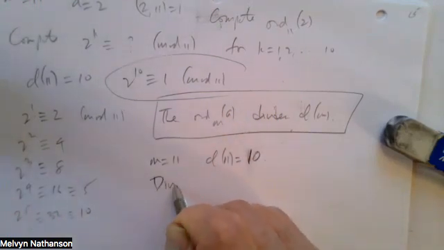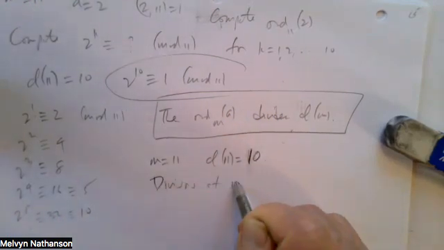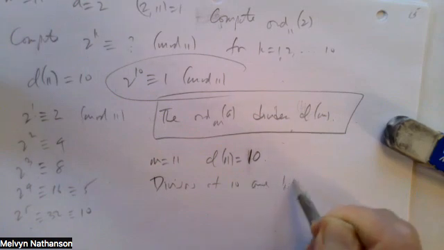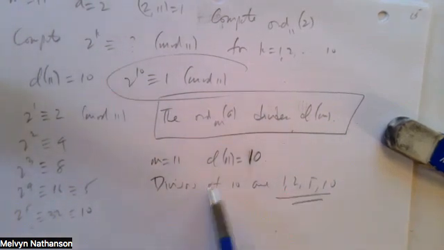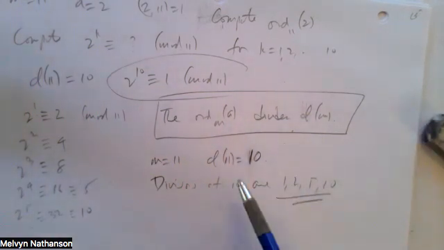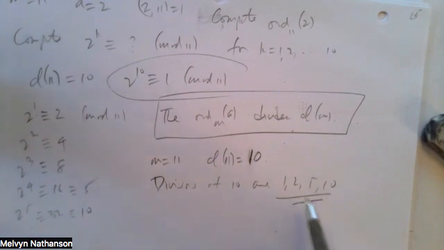What are the divisors of 10? 1, 2, 5, and 10. So the order of any number mod 11 is 1, 2, 5, or 10.